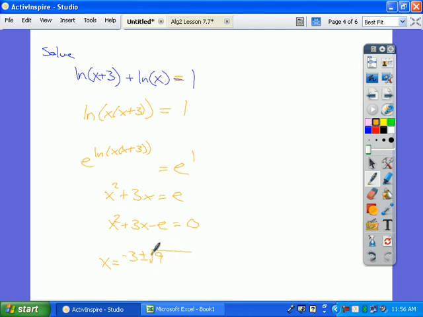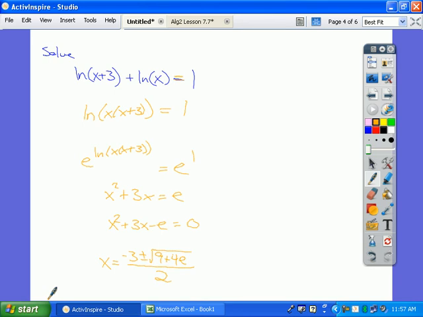So this should be plus 4e. All over 2. Remember, e is just a number, so it's okay to be there. E is a number between 2 and 3. So there it is. Now, at this point, this just equals 2 decimal numbers, and you could either leave it in this form, or you could give me the decimal values, and that would be fine. Right? Not a big deal.